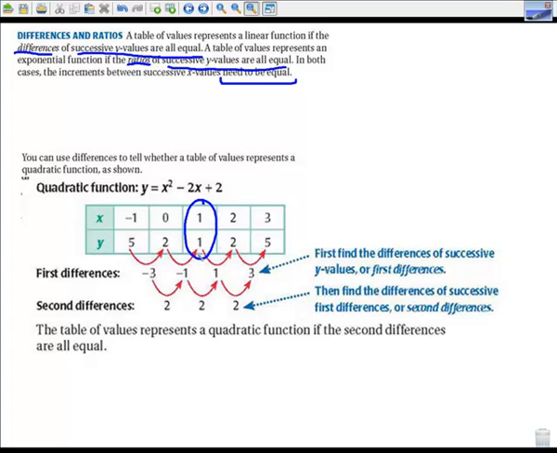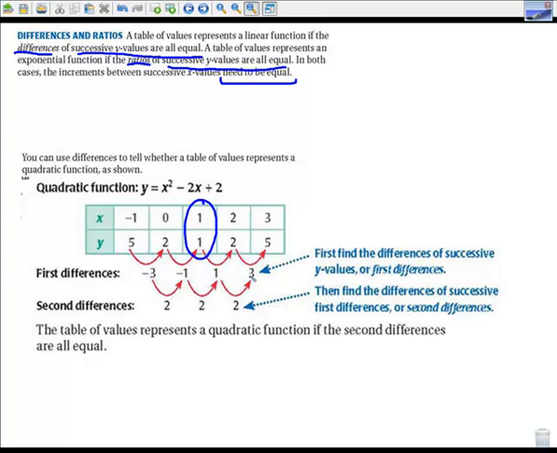However, I still want you to be able to show me this rule here on your tables, because you're not always going to be given a full table that includes the vertex, and you're going to be asked eventually, what is it? So the first thing you do is you look at the differences, and I can see clearly this is not exponential because it does not have equal ratios. When I do the first differences, I get -3, -1, 1, and 3.